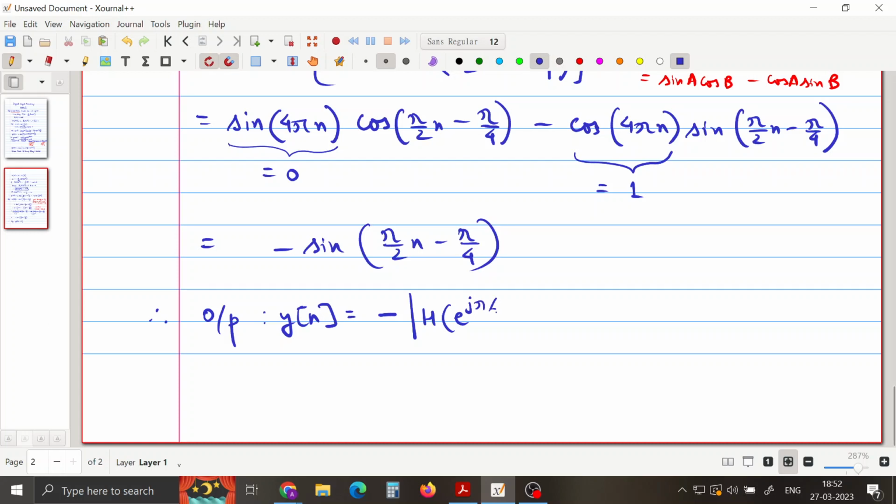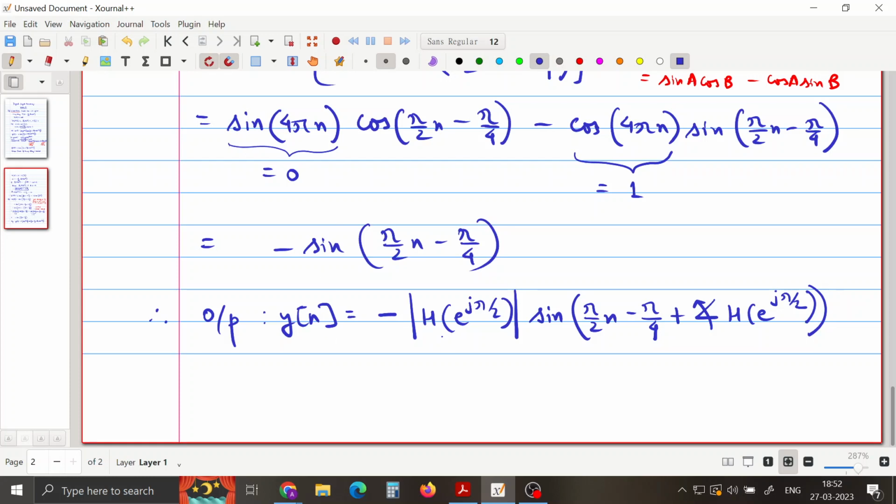The frequency now is pi by 2, so the magnitude evaluated at pi by 2 is the amplitude scaling factor times the normal signal as it is, and also there will be the phase shifting factor, which is again the phase at the given frequency pi by 2. All right.